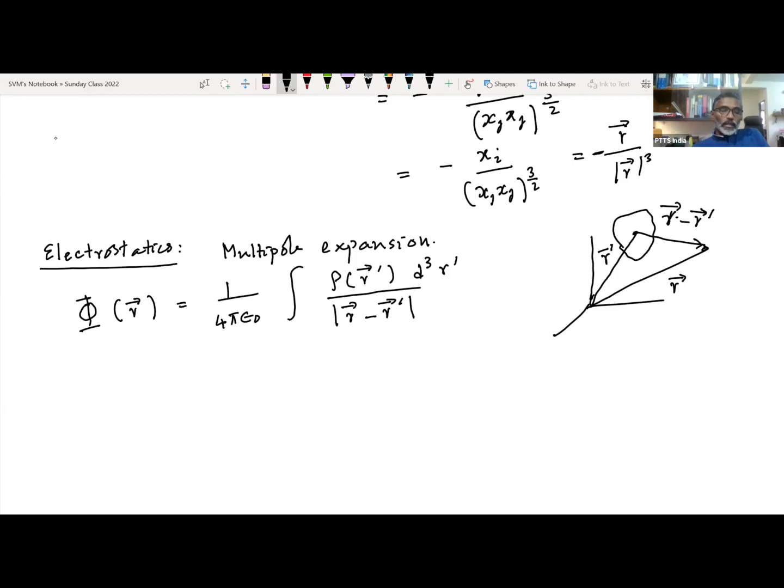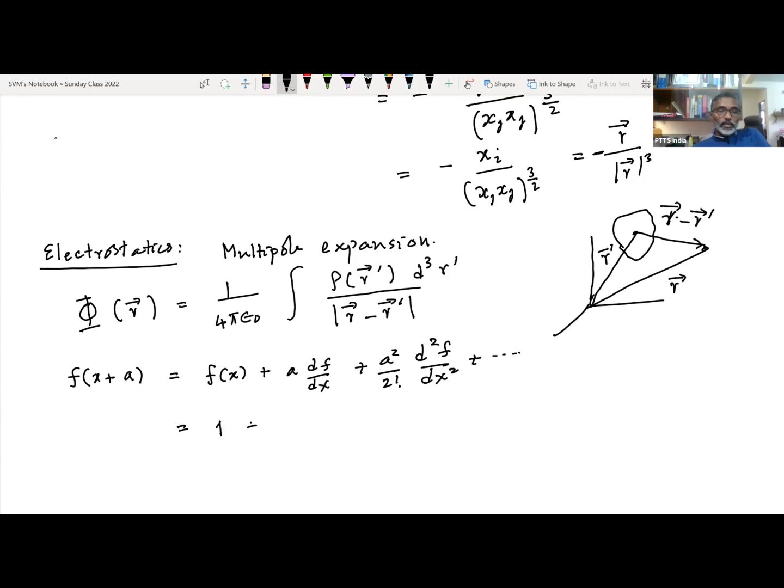So for that, let me tell you that if you have a function, let's say a function of x plus some a, it can be expanded in Taylor series: f of x plus a df by dx plus a square by factorial 2 into d square f by dx square, and so on. Now, this can be written in the following fashion.